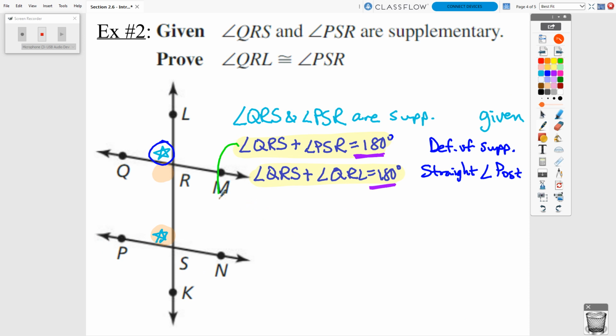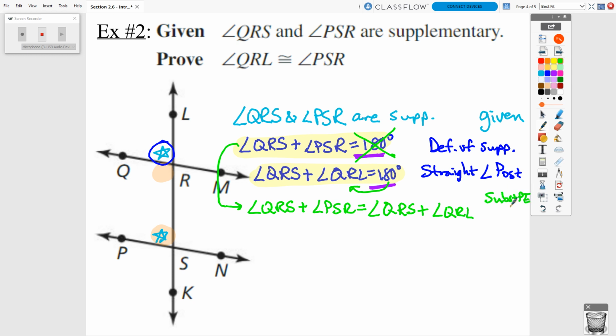So I'm going to take this equation, angle QRS plus angle PSR equals, but instead of writing 180, is there something else that I know 180 is equivalent to? And again, you're going to be like, isn't this almost the same proof? Kinda, it really is. You're going to see a lot of similarities in proofs like this. And so again, we use the substitution property of equality, or you could call this the transitive property of equality. Either one works. You pick one. Don't write both.